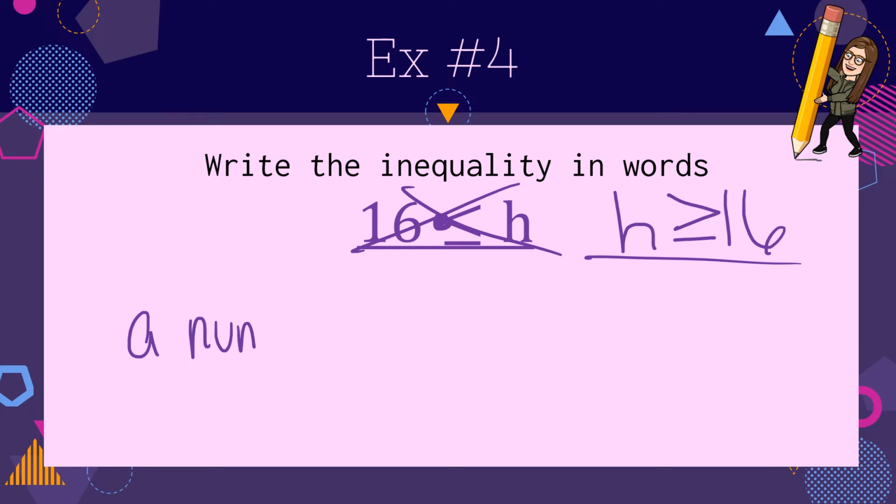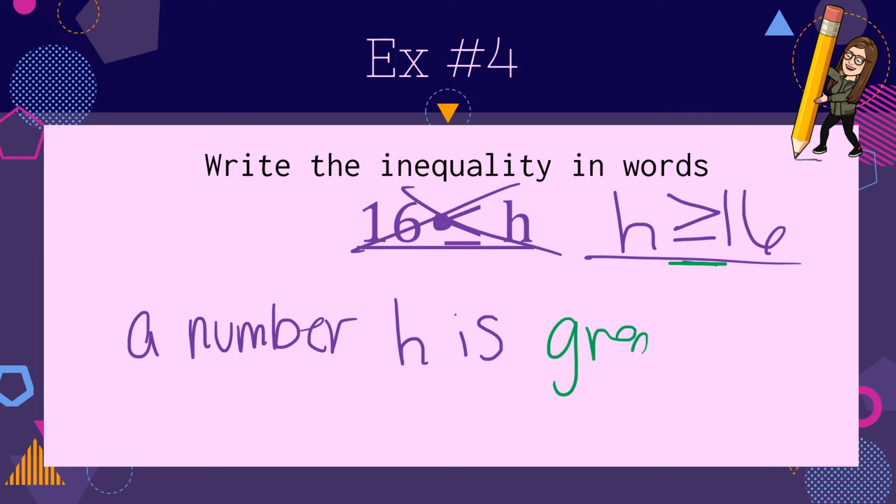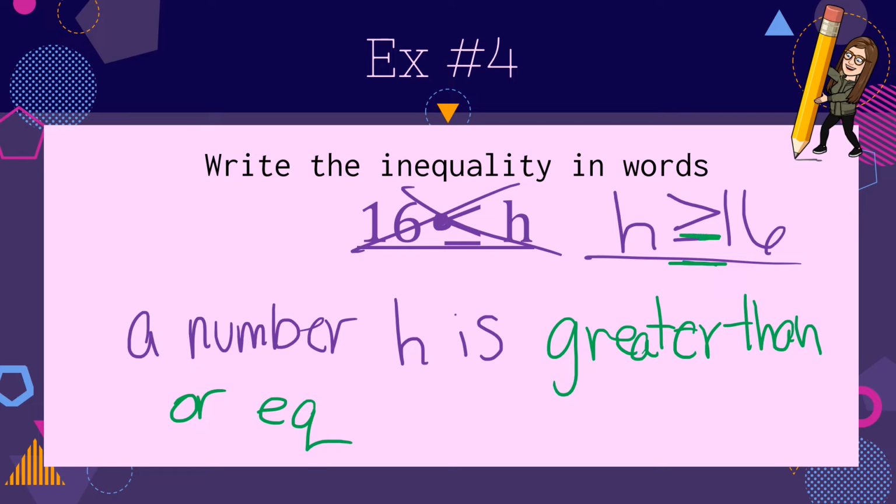A number H, because that's what H represents, is, let's read that symbol, greater than, or equal to, that's what that line underneath means, greater than or equal to what value?